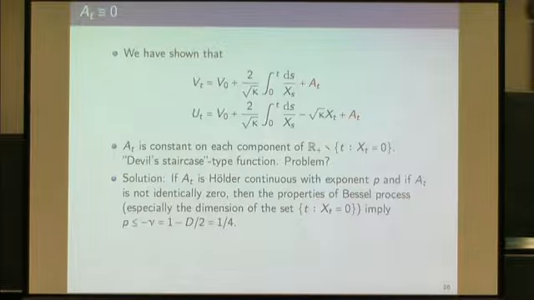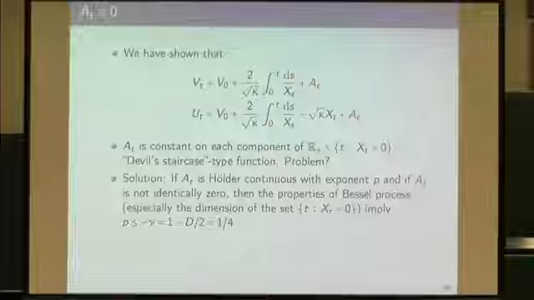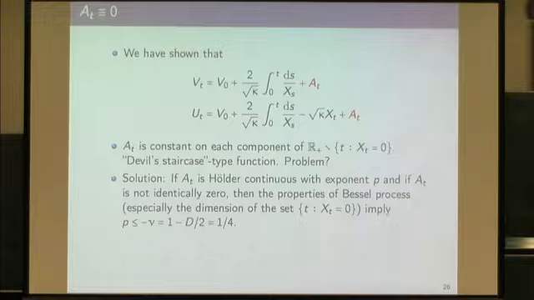Suppose that A_t is Hölder continuous with some exponent p, and this A_t is not identically 0.